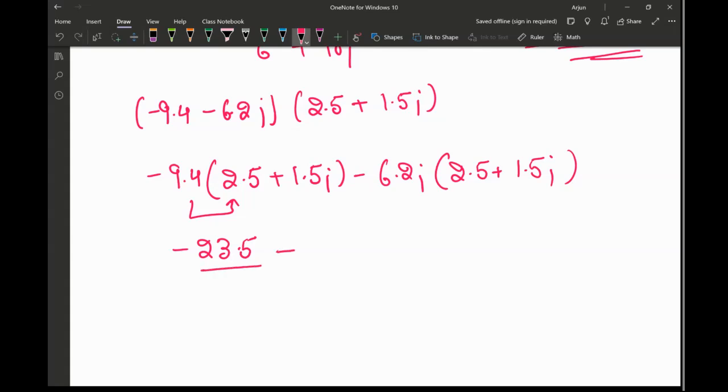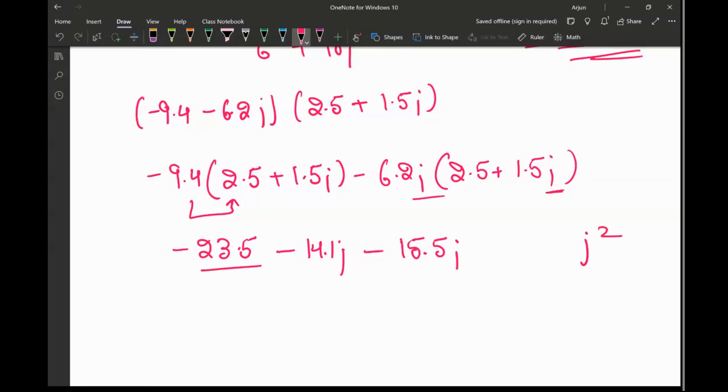Yes, this is negative, and negative 1.5 times 9.4, that is 14.1 negative j, and the other value will be minus 15.5j, and then this j times j will become j square.